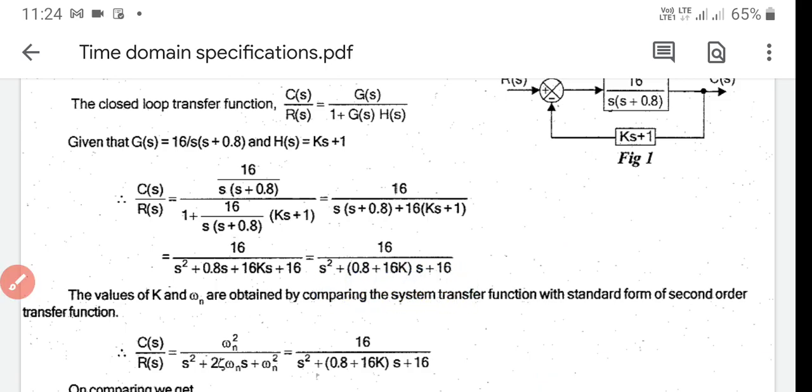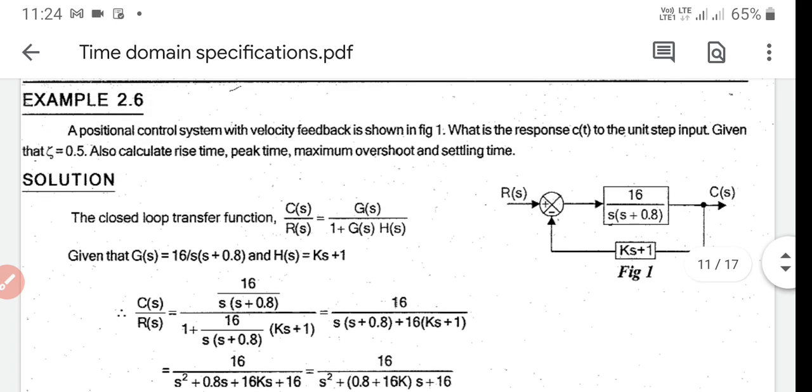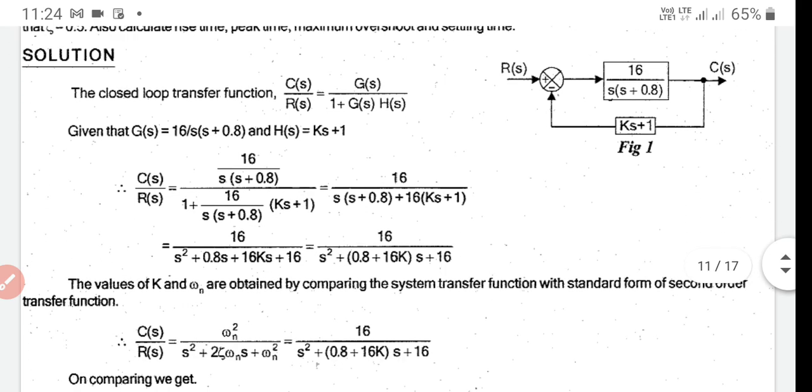Now we have to find the values of rise time, peak time, maximum overshoot and settling time, right?